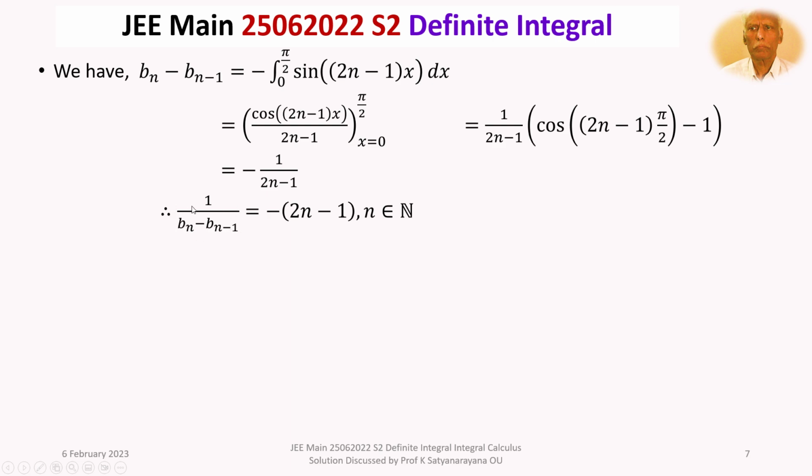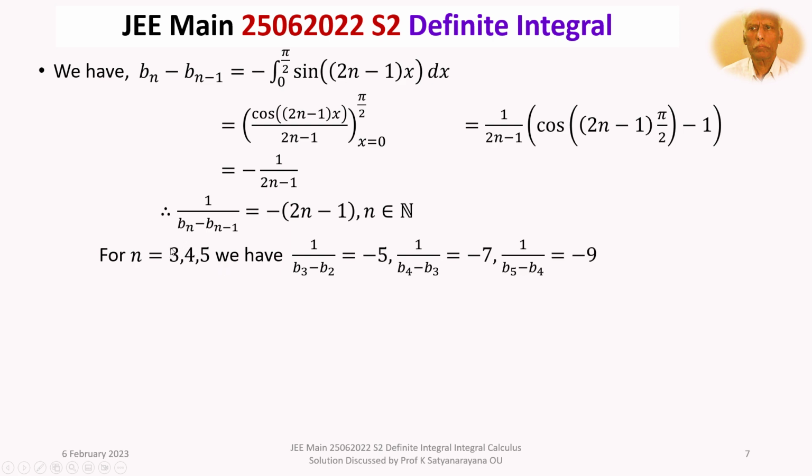So take the values. We are interested in n equal to 3, n equal to 4, n equal to 5. For n equal to 3, 1 by b3 minus b2 is equal to minus, 2n minus 1 is 5, so minus 5. For 4 it is minus 7. For n equal to 5 it is minus 9.